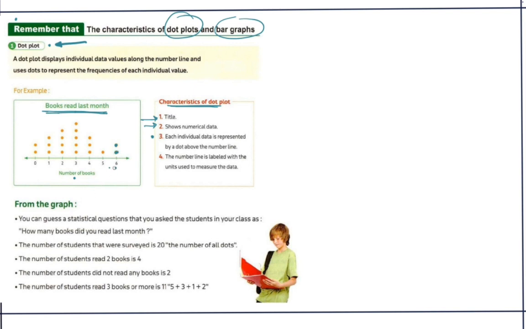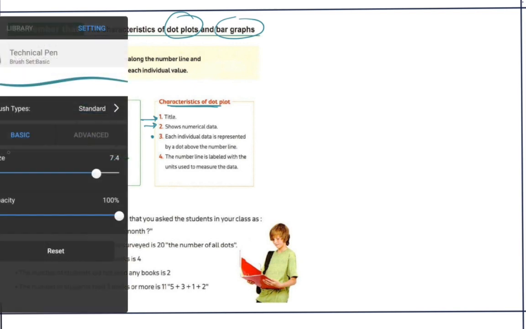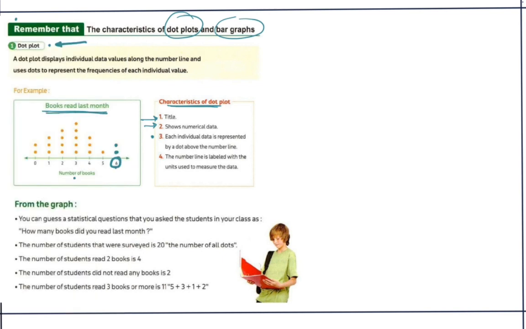How many students read 2 books last month? We have 6 students. Now, the number line is labeled with the unit used to measure the data. What is the unit here? Number of books.